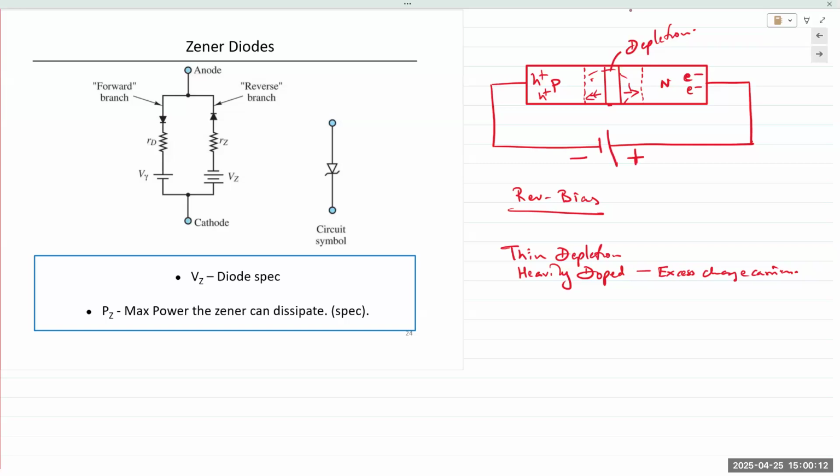So if it's an electric field, we start increasing 0, -1, -2, -3, -4, -5. Let's say a device is designed to break down at -5. So at -5, a large number of charge carriers are going to flow through the junction. So the current that is flowing through is now constant. Sorry, not the current. The voltage is constant. The current can increase as much as it wants. The voltage remains near constant.